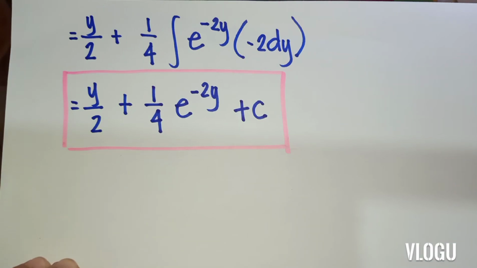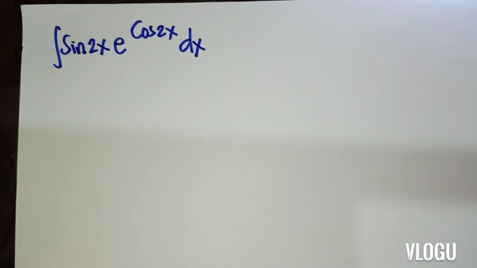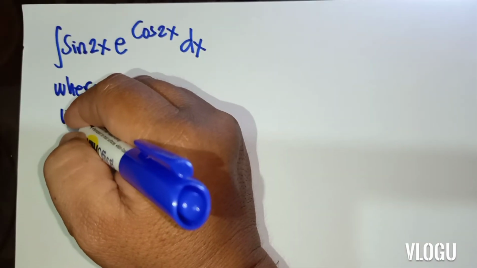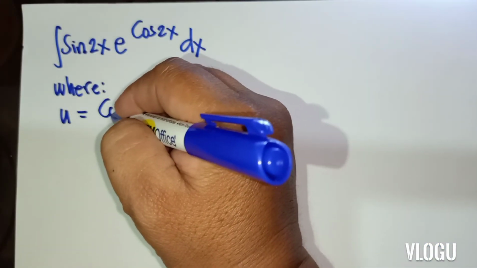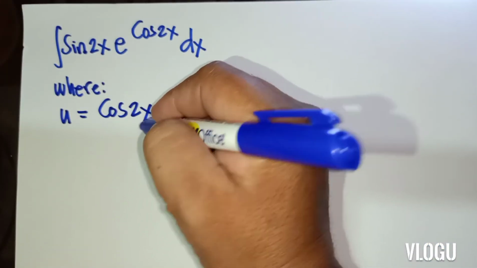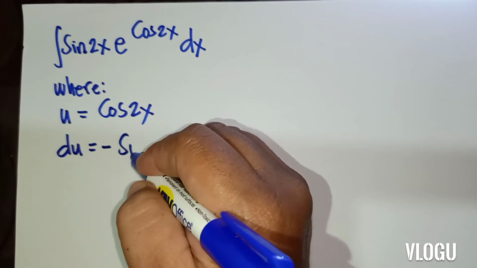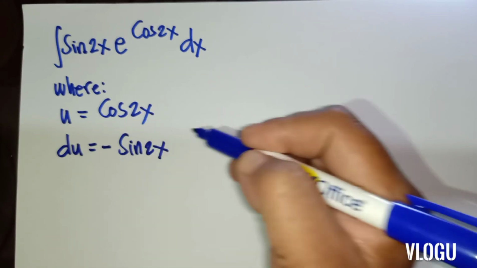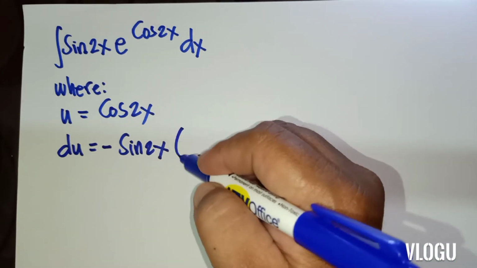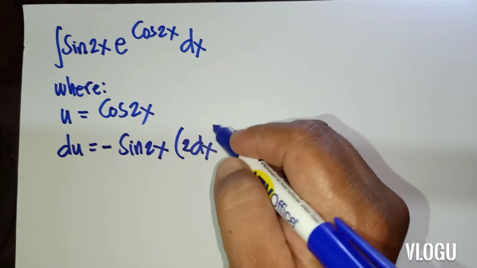So we will have our next example. Our next example is the integral of sine 2x e^(cosine 2x) dx. U is equal to cosine 2x. The derivative of cosine is negative sine 2x, and the derivative of 2x is 2 dx.